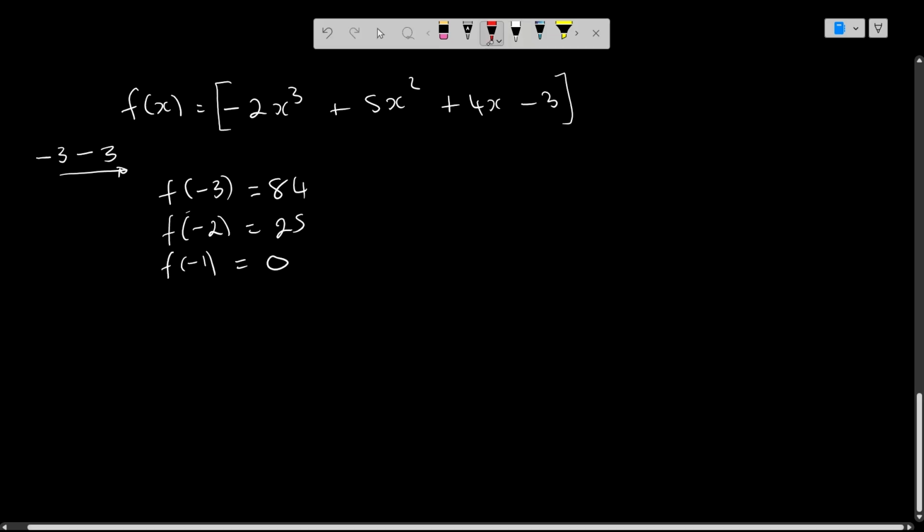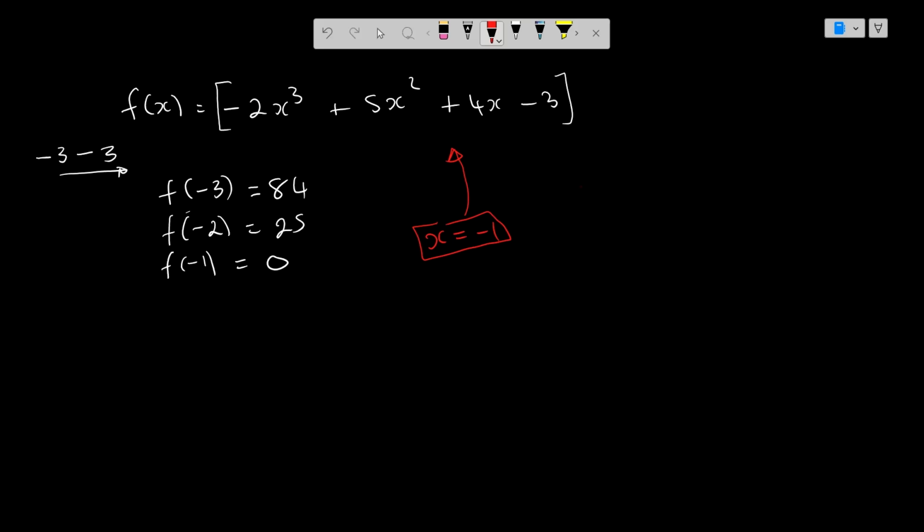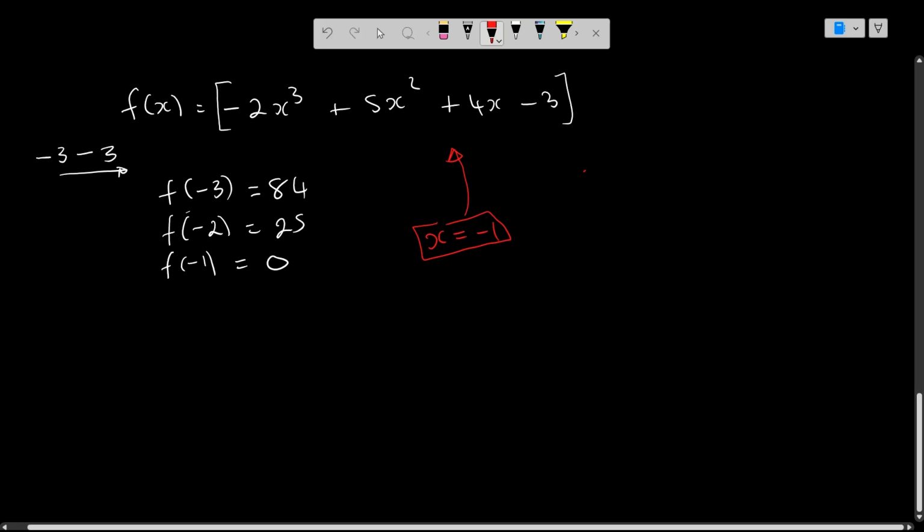So what does that mean? That means x equal to negative 1 gives a factor of this polynomial. If you transpose the negative 1 to the left-hand side, we have x plus 1 equal to 0.